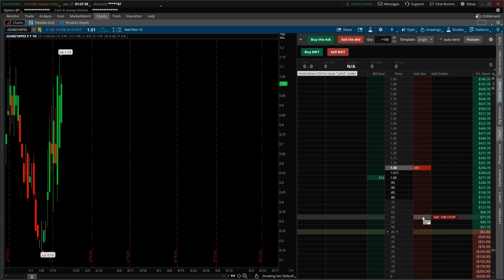If I'm looking for a 1 to 3 risk to reward, then that's approximately $675, $680 take profit. And that is sitting right here with the option premium of $1.80, which has a take profit potential of $671.